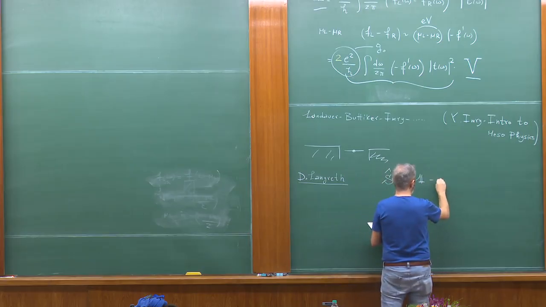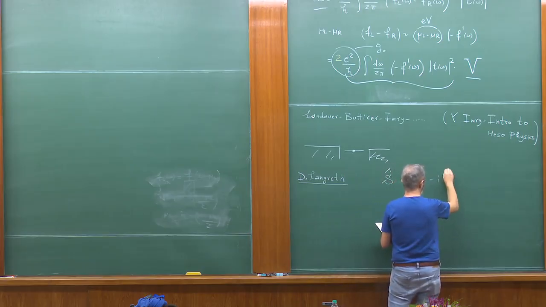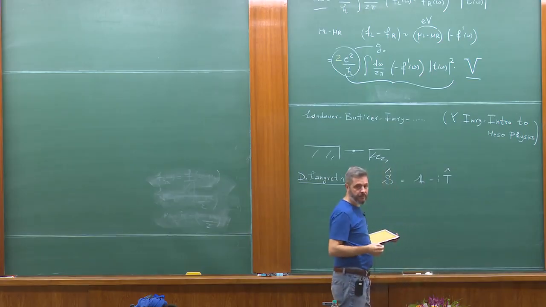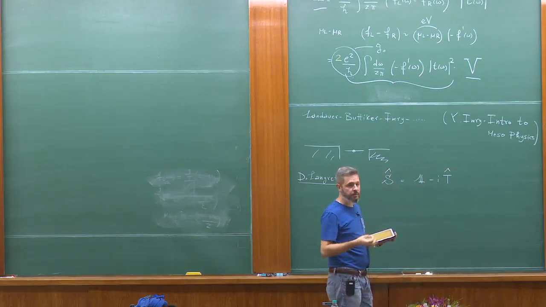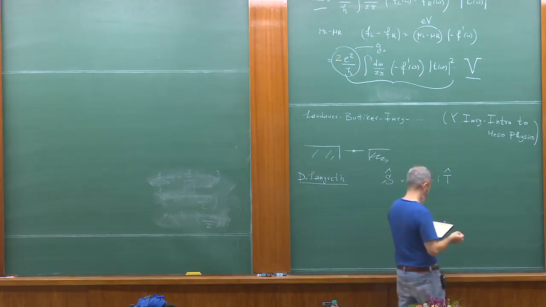And as usual, S is the identity minus i times the T matrix. The T matrix is called the transmission matrix, I don't know.